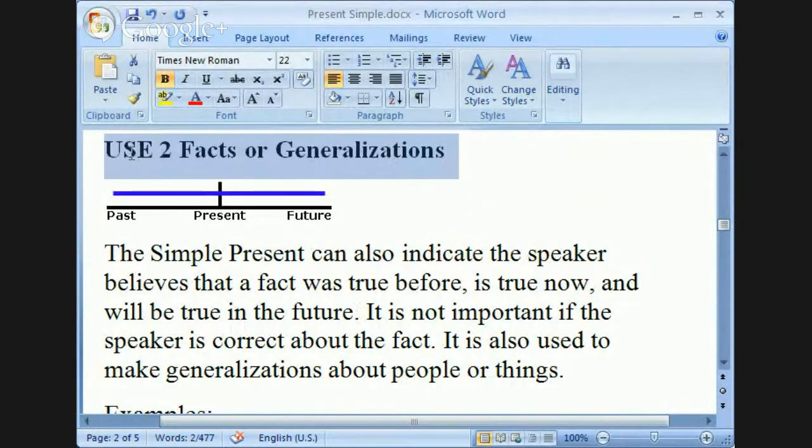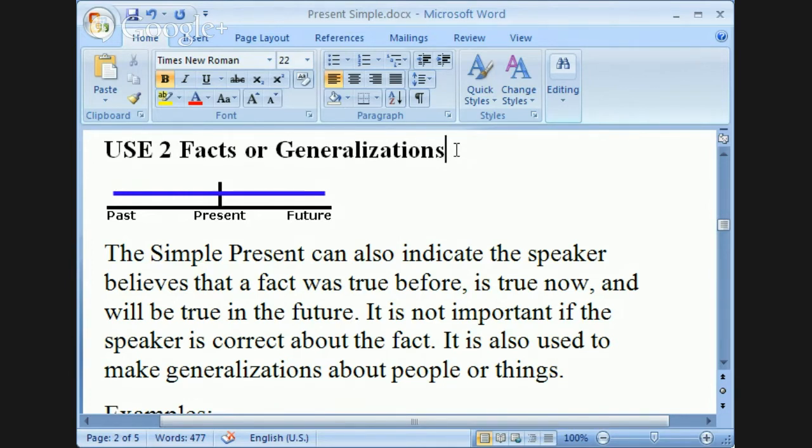Use number 2, facts or generalizations. Now, as all verb tenses do, and many sentence constructions like conditionals, facts are much like beauty in the eye of the beholder. It is what the speaker thinks is a fact or is generally true. All right?